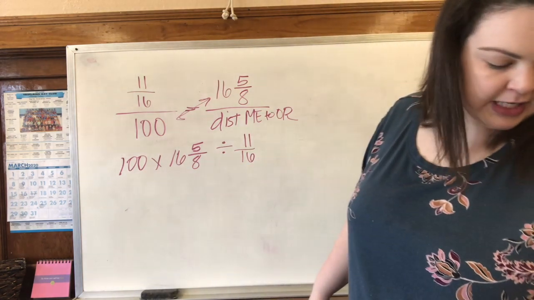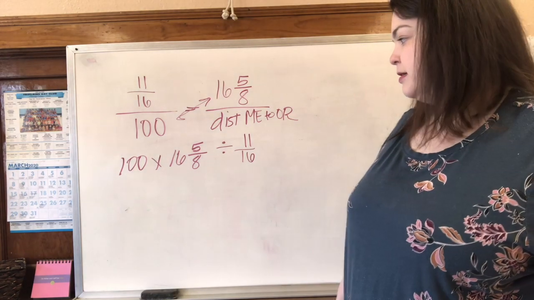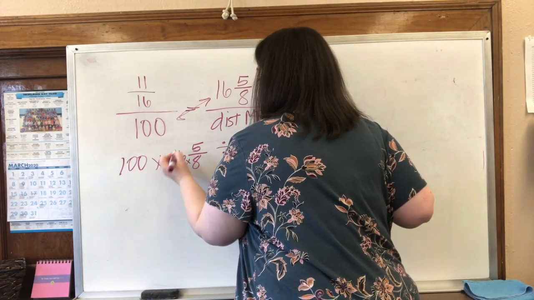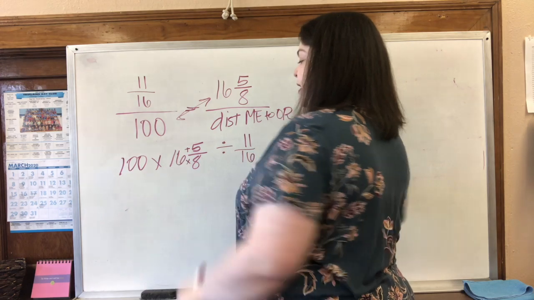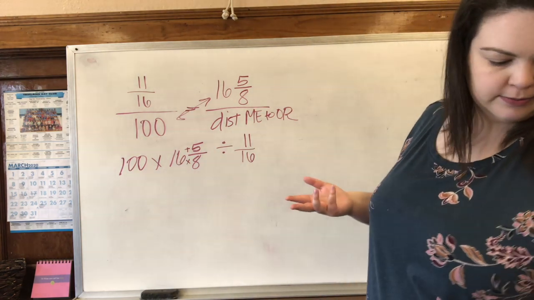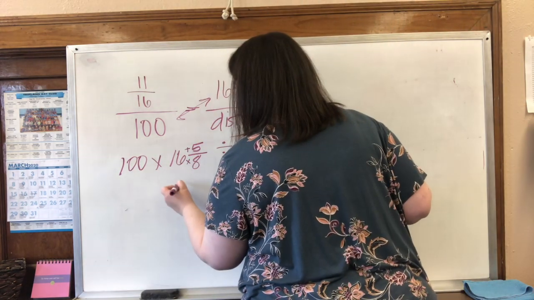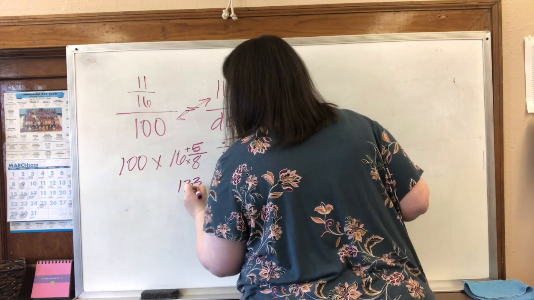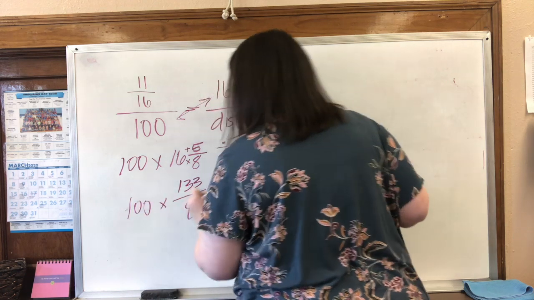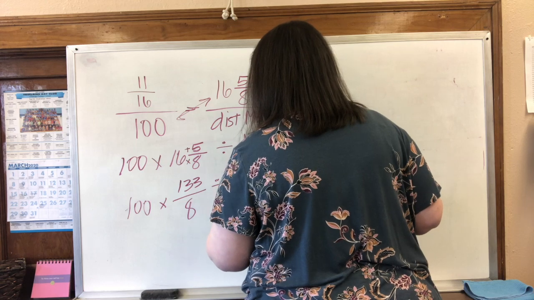So 16 times 8 is 128, plus 5. So 128 plus 5 is what? 133. Go. So you have 133 over 8 times 100 divided by 11/16.